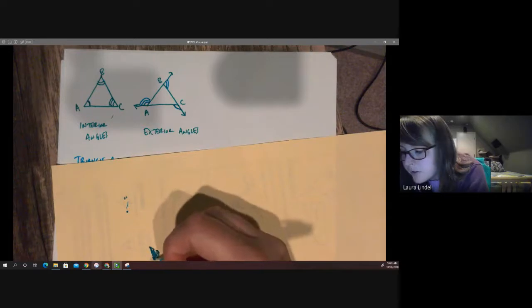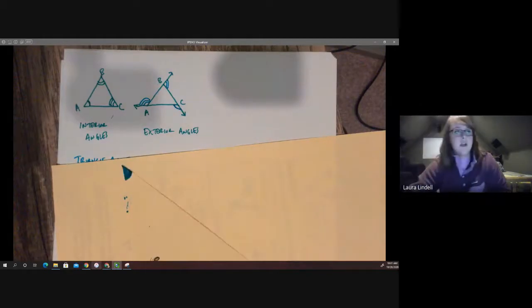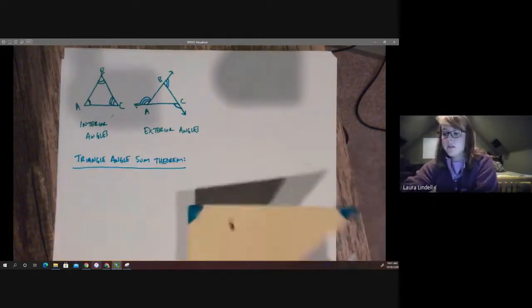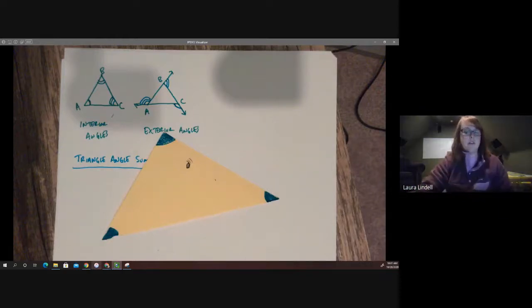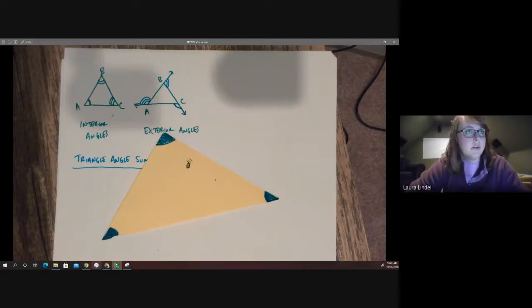Because we are going to illustrate something here with this. So if you have a triangle like this and you can color in all of your corners, great. If you don't have some notebook paper that you could tear off and get a triangle from, that's okay. You can just follow along with my illustration here.